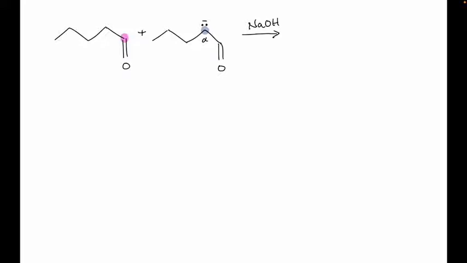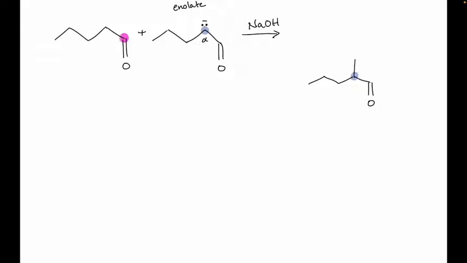Okay? We're going to start by redrawing what was the enolate, because that carbonyl group doesn't change. So again, I'm going to have my new bond there, and it's going to form with the carbonyl carbon on my neighboring molecule.